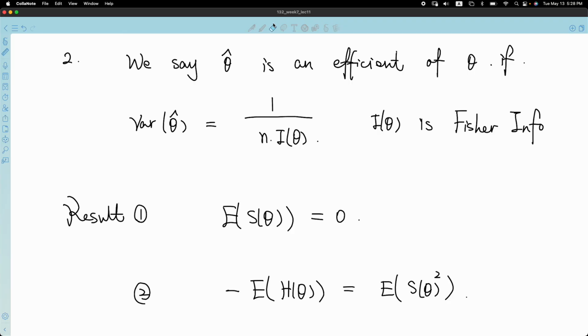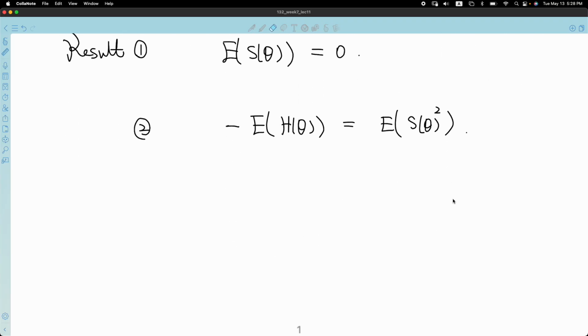Maybe I can add one more comment, just to refresh your memory: the score function S comes from the first order derivative of the log likelihood, so I will write log of x comma theta, d theta.